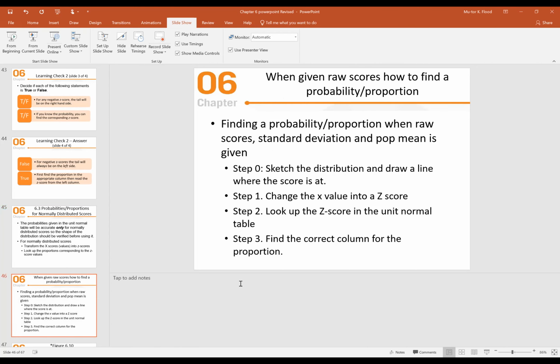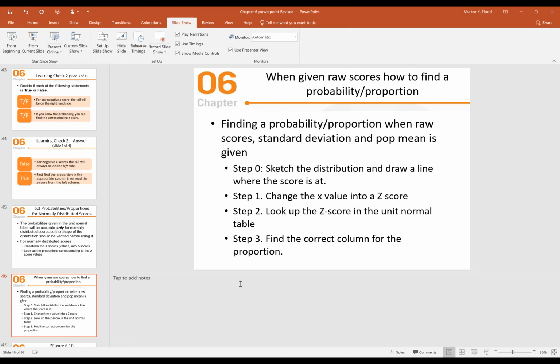So our first kind of question is, they're going to give us raw scores in a normal distribution, and they're asking us to find out what the probability or proportion is. So finding a probability or proportion when raw scores, a standard deviation, and a population mean is given.